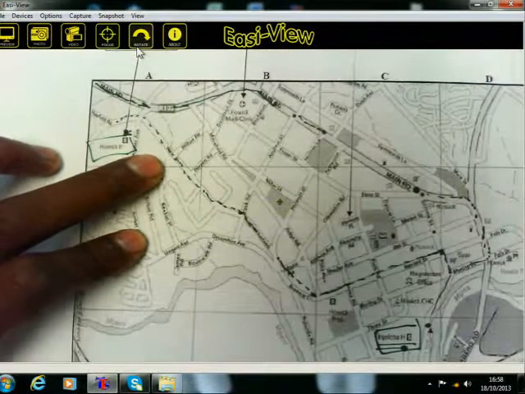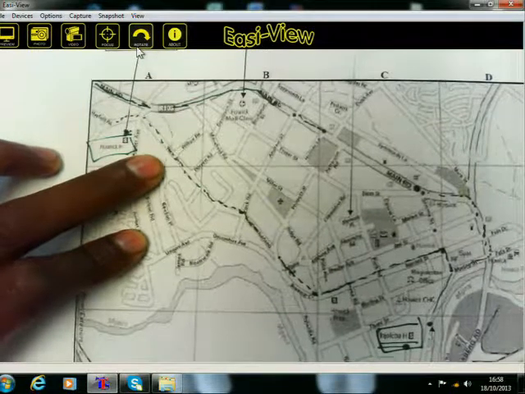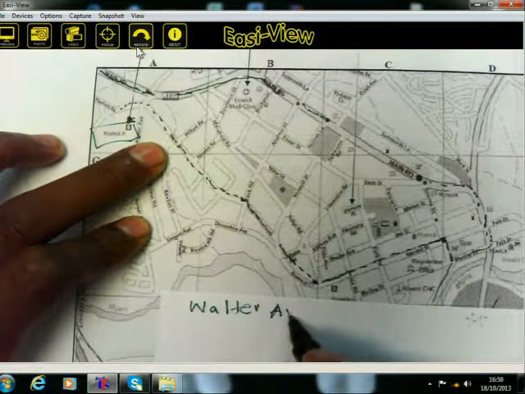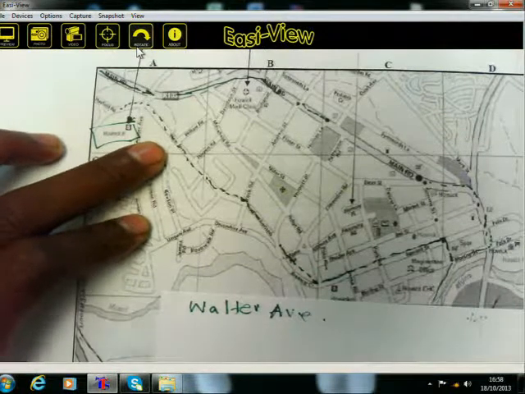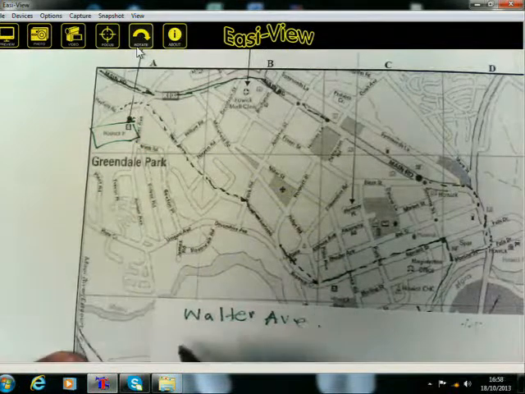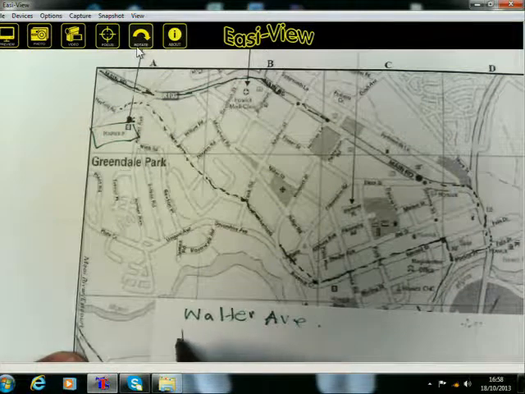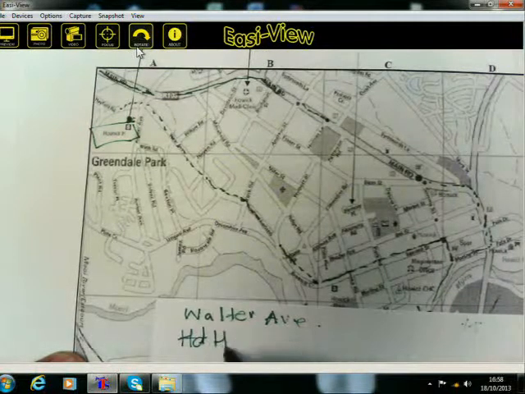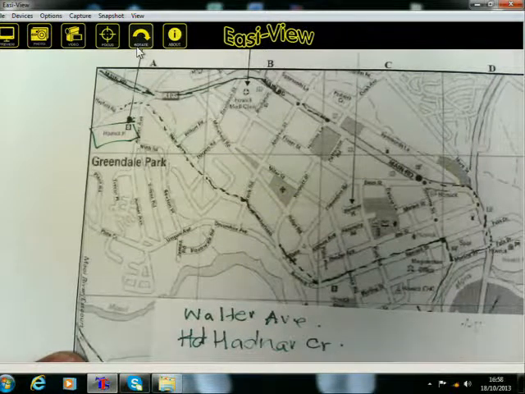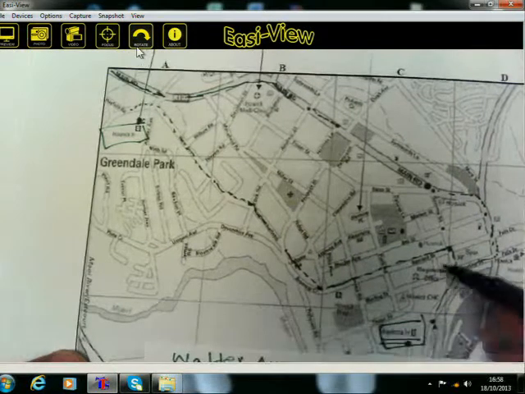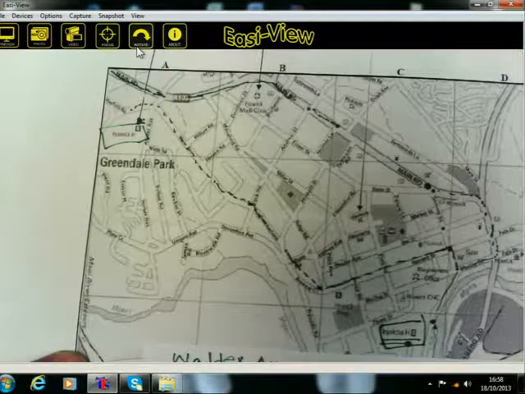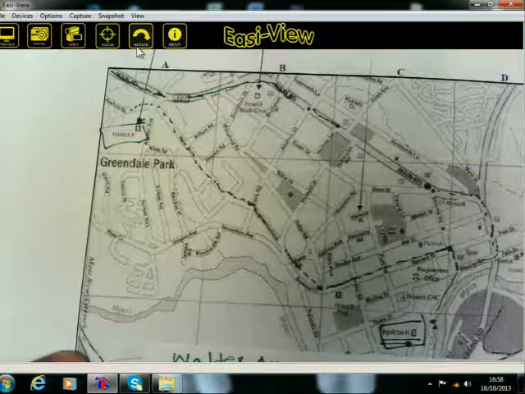We have Walter Avenue. From Walter Avenue, we have Hartner corner, and till we get to Mainland Street.